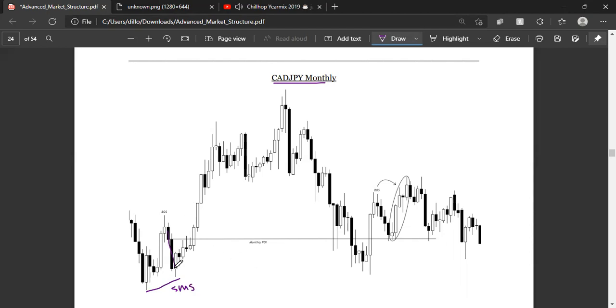And from this last push down, we have a huge push to the upside. And now this would be our last down candle prior to this huge move to the upside, right? So on the monthly time frame, we want to watch how price reacts around that area.